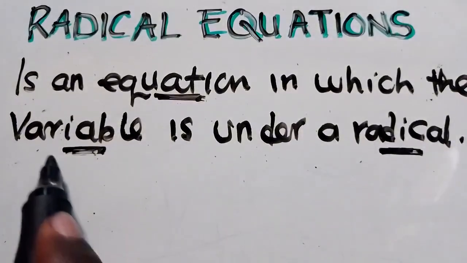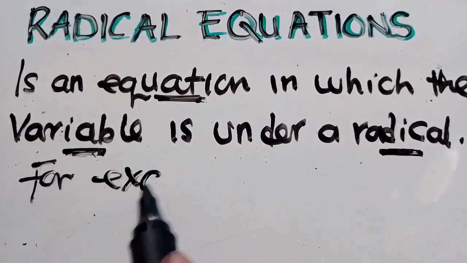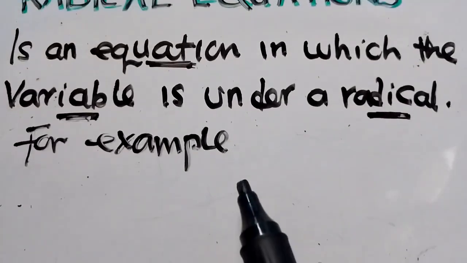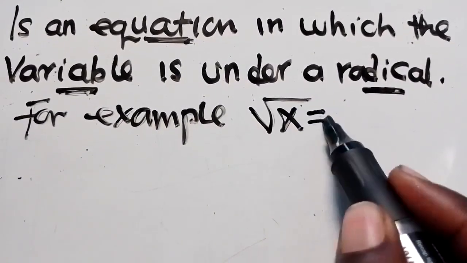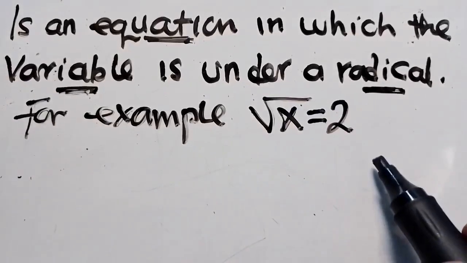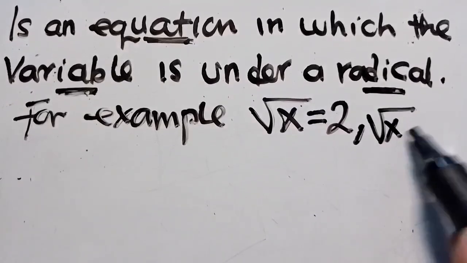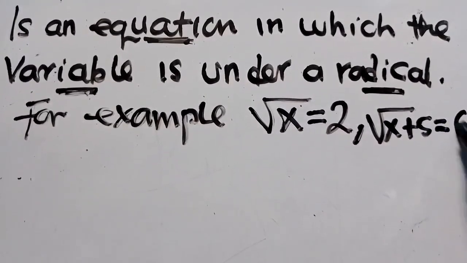For example, we have expressions like root x is equal to 2. This is an example. You can have something like root of x plus 5 is equal to 6.